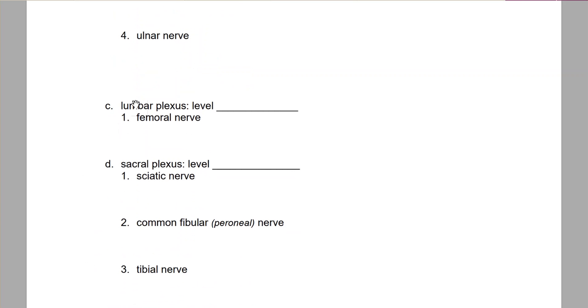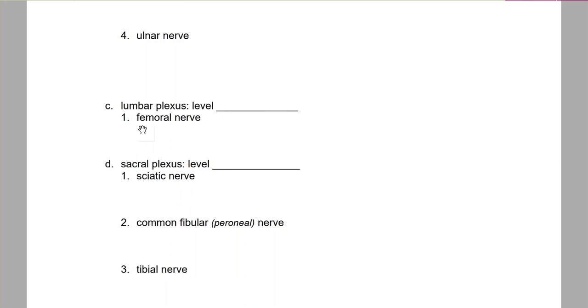Then you have a lumbar plexus. From your lumbar plexus, your femoral nerve arises. Your femoral nerve goes down your femur. It's in the front. Front femoral, front femoral. Your sacral plexus gives rise to your sciatic nerve. Think of those sciatic notches on your pelvis, and that goes down the back of your leg.